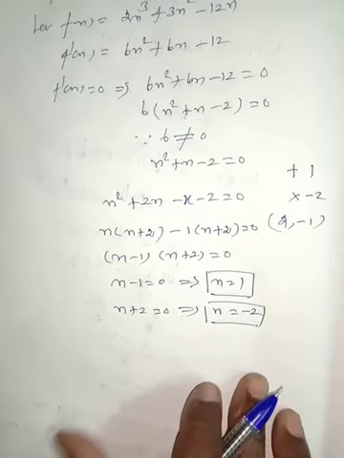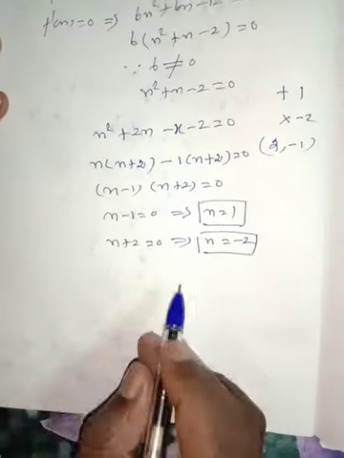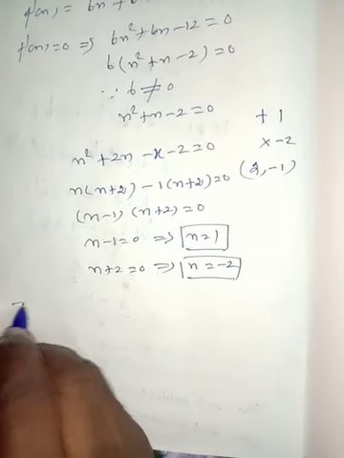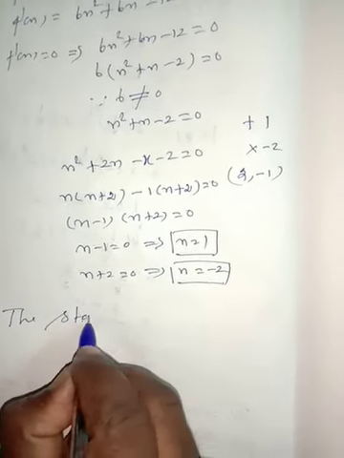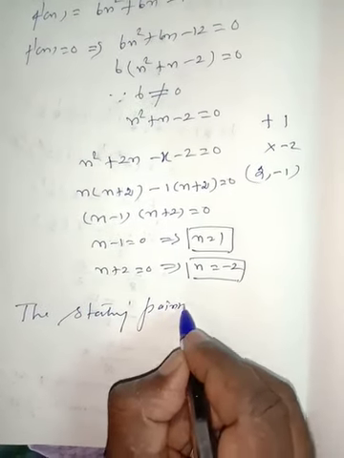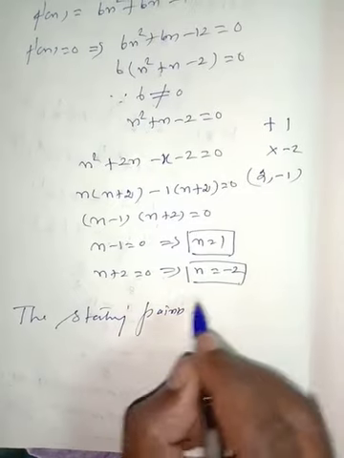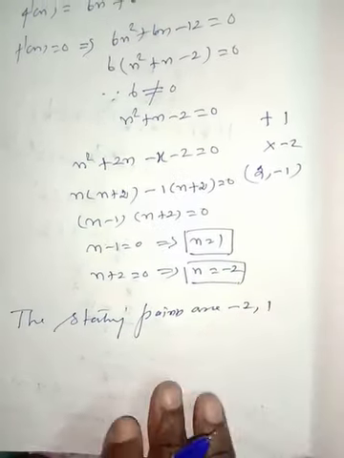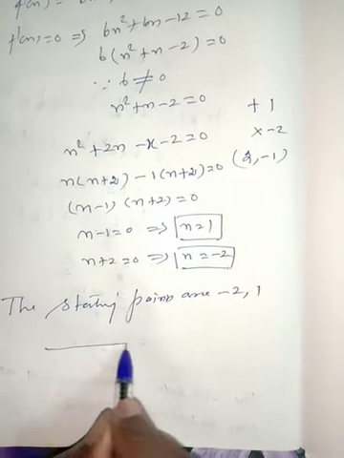So this is a stationary point. The stationary points or critical numbers are minus 2 comma 1. Draw a real line.